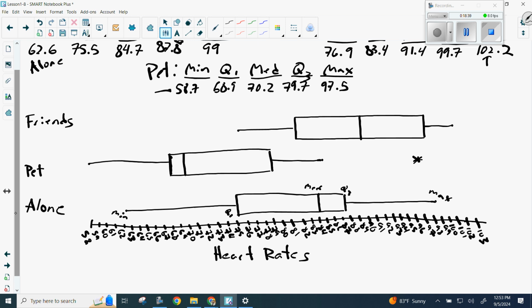And it looks like, something unexpected, in my opinion, happened, is that it looks like people were more stressed out when they were with friends, right? We had a median heart rate that was higher than either group. And it looks like our lowest median heart rate was with pets. So it looks like pets decreased stress more than friends or being alone.